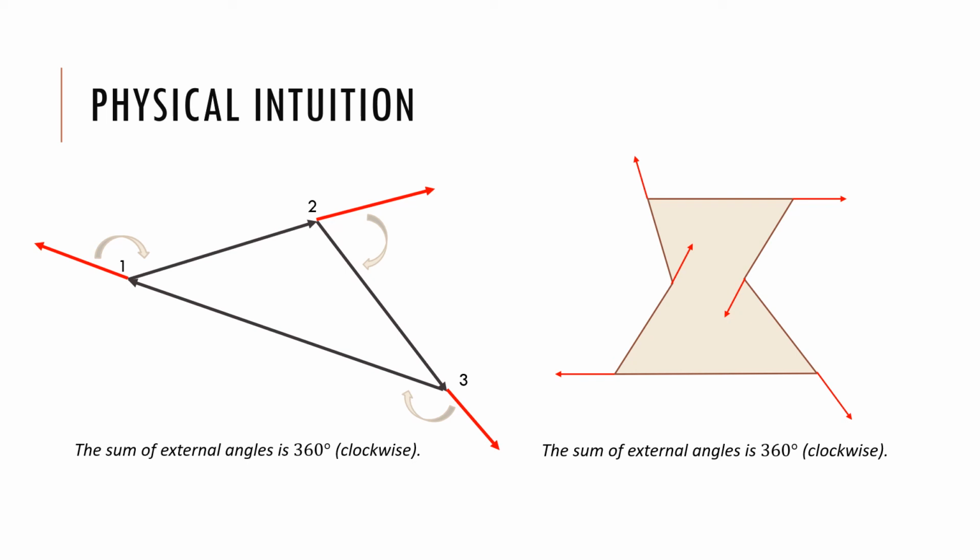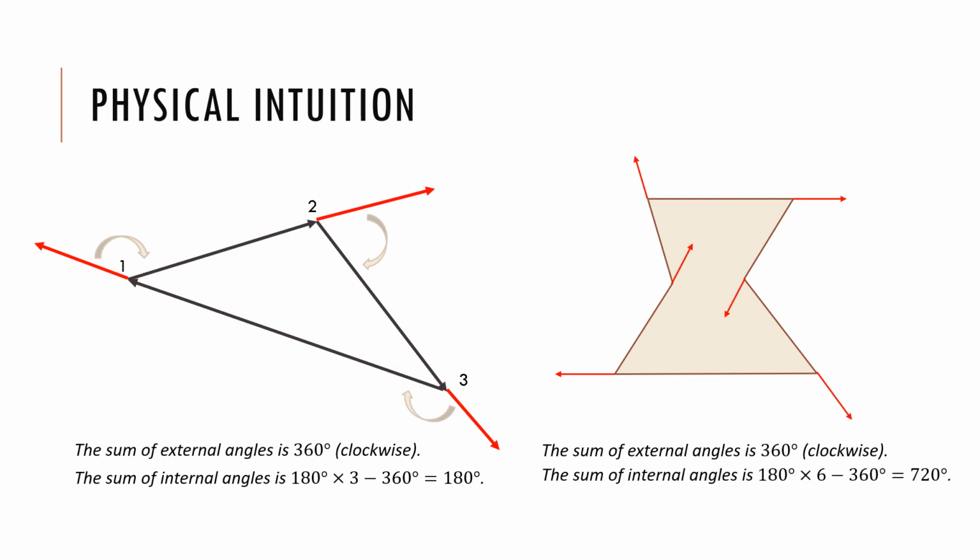Since internal angles are just supplementary to the external angles, I can figure out for a triangle that the sum of internal angles must be 180 times 3 minus 360, which gives me the 180 degrees that I wanted.